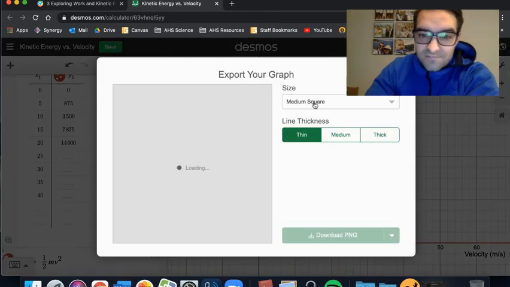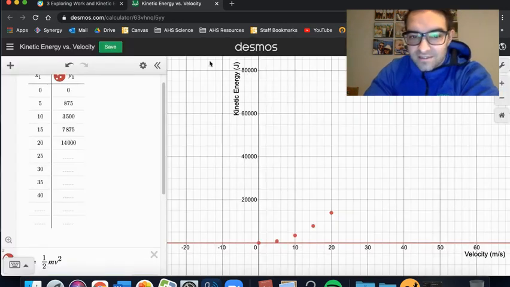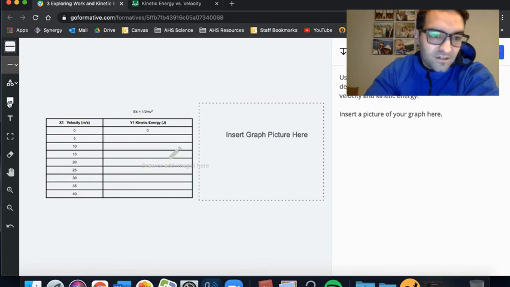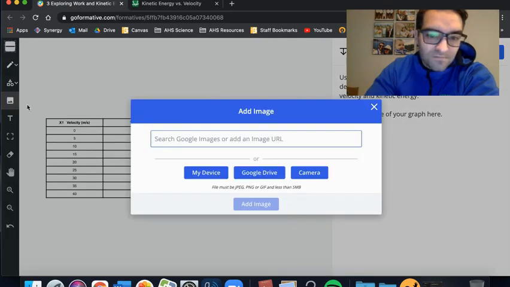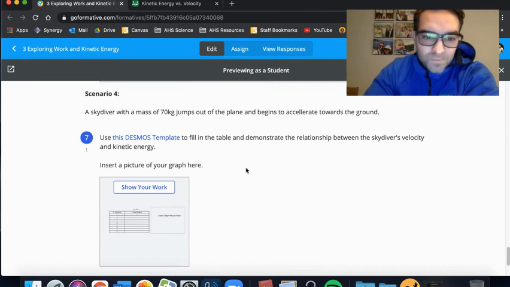You click that, and then you can download it, or you can take a selective screenshot of your data table and your whole thing. Then in here, here's your little picture button. You can select where you want to get it from and embed that picture. Please let me know if you have any questions about that.